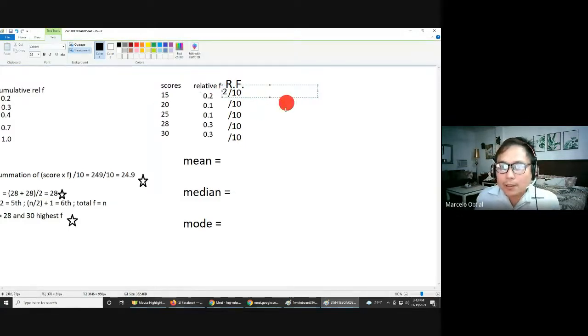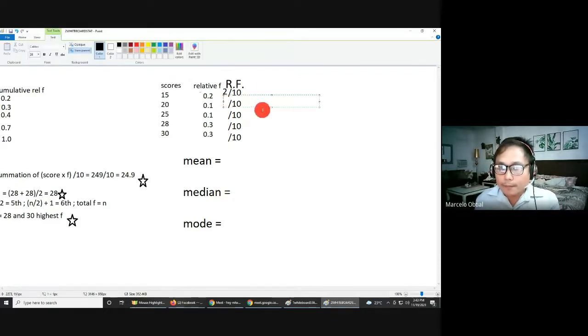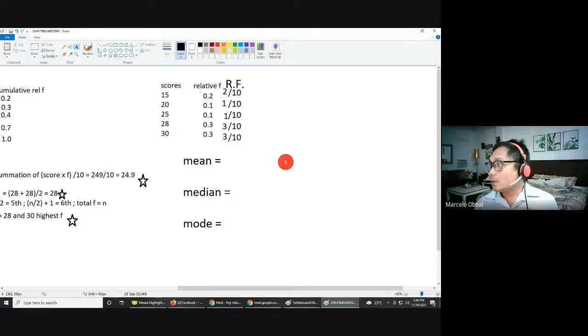How to get 2, sir? Just represent this as known as x. Then, x divided by 10 is equal to 0.2. So, solve for x, the answer should be 2. Okay, here, 1. Here, 1. Here, 3. Okay, here, 3. Okay? So, nakuha mo na yung numerator. Diba, sabi ko na, numerator is your frequency.